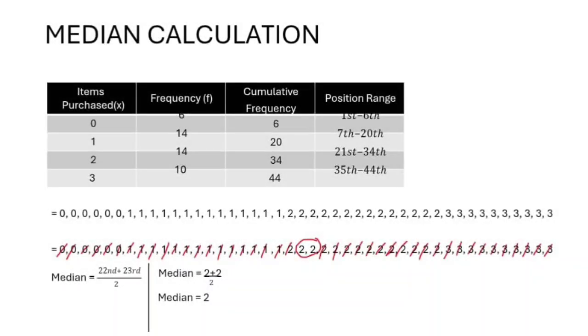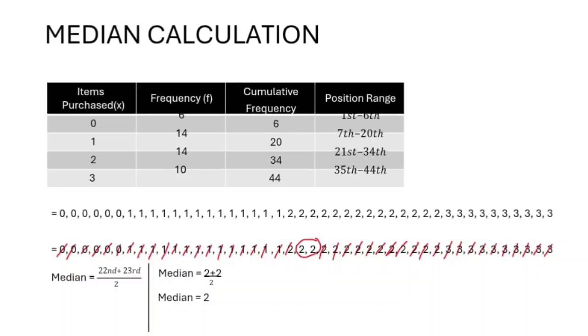To find the exact center of our data, we calculate the median. Since our sample size N is 44, which is an even number, the median is determined by the average of the two middle values. By arranging all 44 responses in ascending order, we look for the mean of the 22nd and 23rd observation. Looking at our frequency table, the first 20 students bought 0 or 1 items, which places both our middle positions within the category of 2 items.